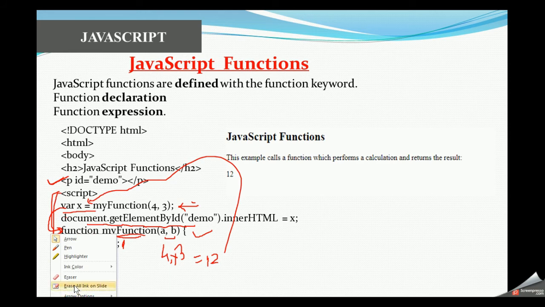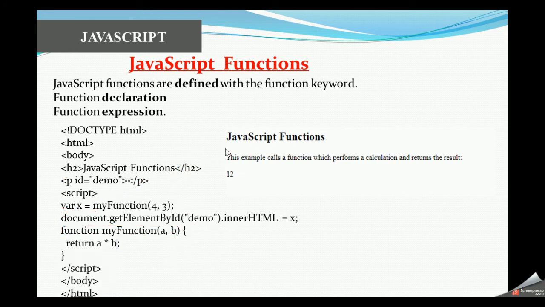With all the output, the heading is the JavaScript function, and on the paragraph with id demo it returns 12, and you are seeing the output here as 12. This is how a JavaScript function works.